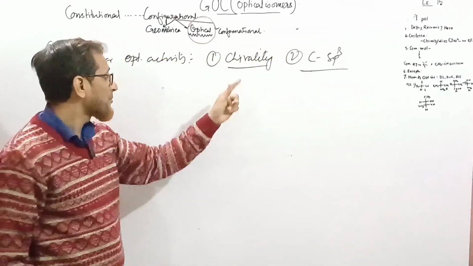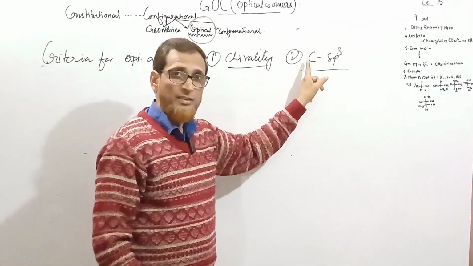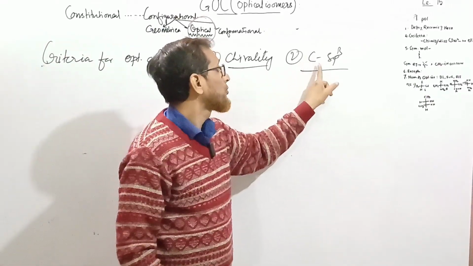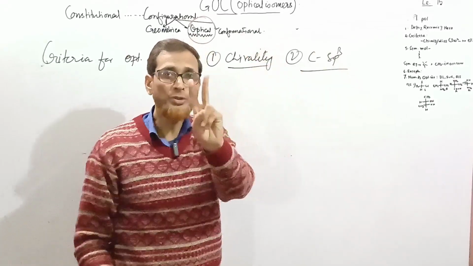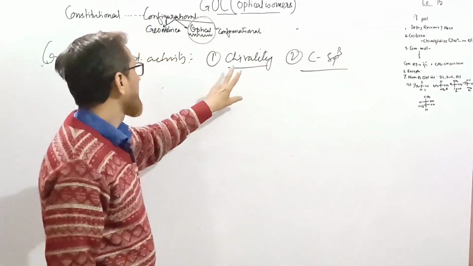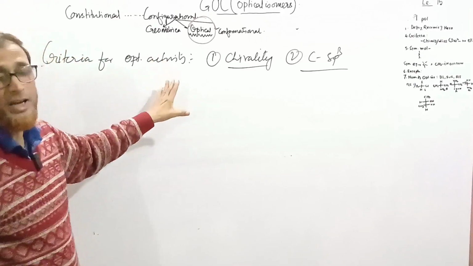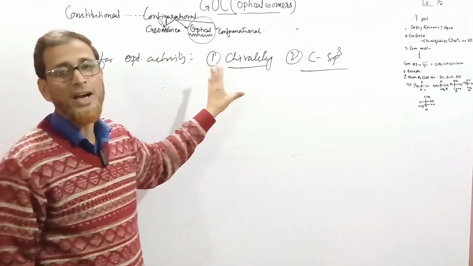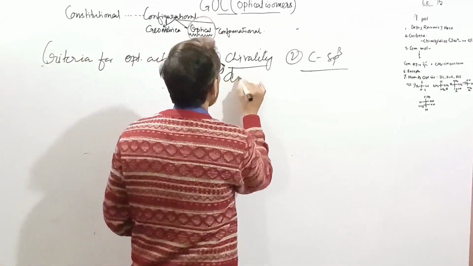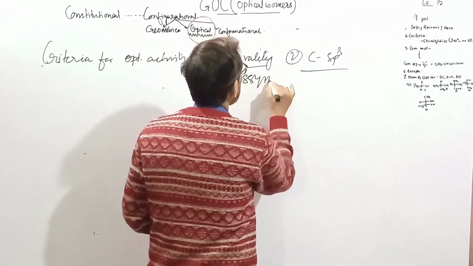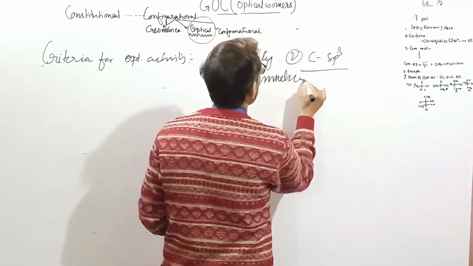I am coming to what chirality is. If it is chiral, then that carbon should be sp3. So keep two conditions in mind: the compound should have a carbon that is a chiral carbon, and that chiral carbon is also called a disymmetric carbon.